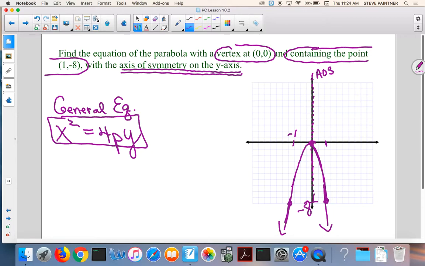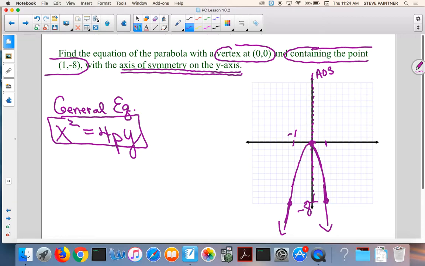It's hard. You can't visualize it. You've got to use the information they gave you. What's p? For you to get p, you need to know what? An x and a y. So what should I do?